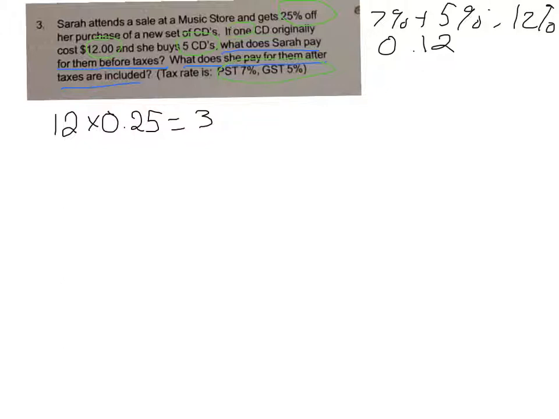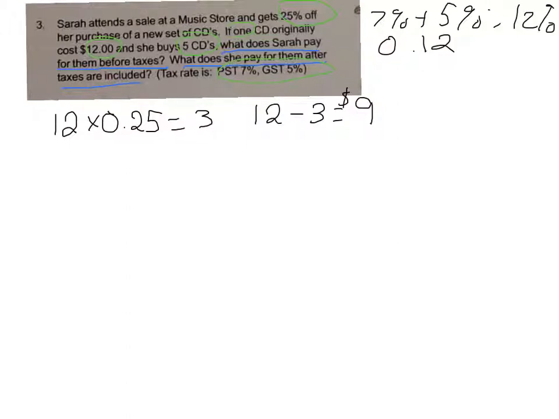If the original cost of my CD was $12 and I get $3 off, I then have to find out my new cost. My new cost is 12 minus 3, which is $9 for a CD. So there's the first part of it.